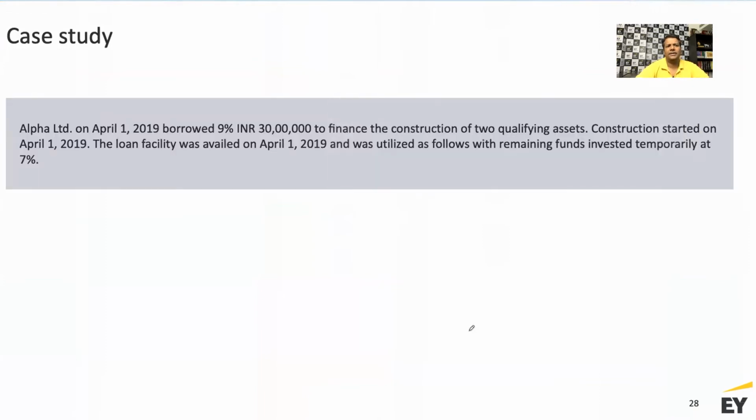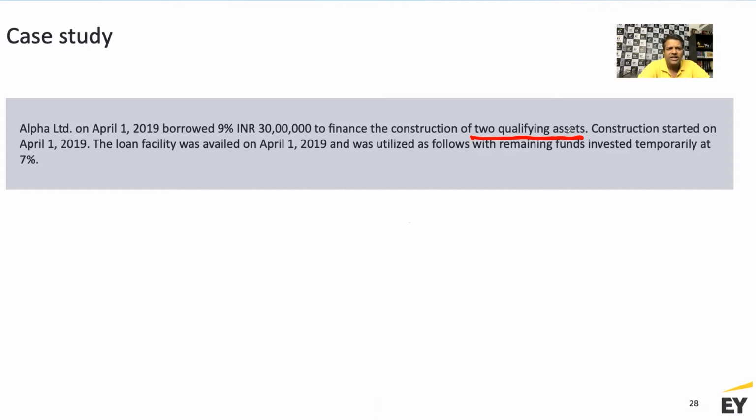Let's look at another case study. Alpha Limited on April 1, 2019 borrowed 30 lakhs at the rate of 9% to finance the construction of two qualifying assets. Construction started on April 1, 2019.